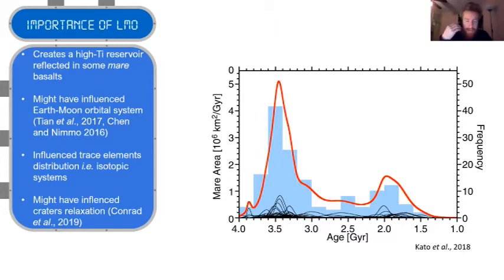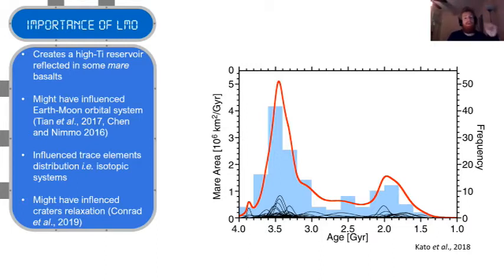And it has always remained problematic to understand where this titanium comes from. Well, not so much where it comes from, but how a high titanium reservoir entered the composition of these mare basalts. And that is most likely linked to how the magma ocean crystallized, and how long it took to crystallize most likely had a strong influence on the possibility to mix up a high titanium reservoir.